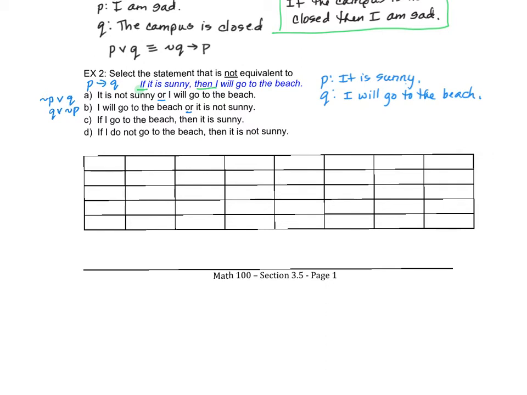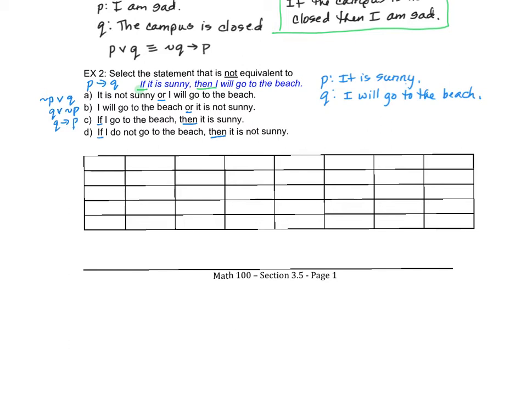C, if I go to the beach, then it is sunny. So that's if I go to the beach is Q. So if Q, then P. So Q arrow P. D, if I do not go to the beach, then it is not sunny.